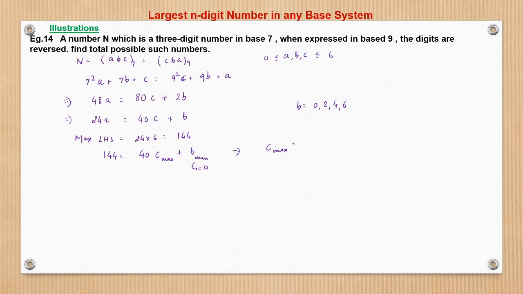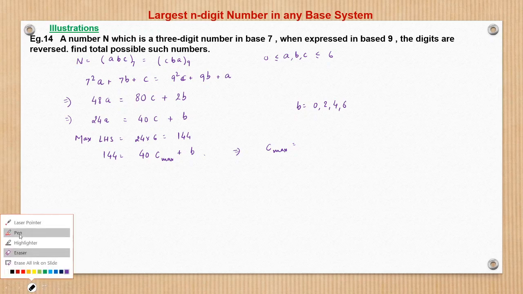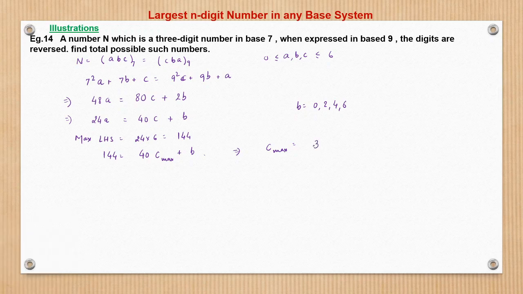Even if we don't put this B minimum criteria, then also we can get it. So what can be C max? C max will be such that B is a minimum and this is maximum, right? So it becomes 144 minus certain value of B. So 40 times, C can take a maximum value of 3 only, right? 40 times 3 is 120.